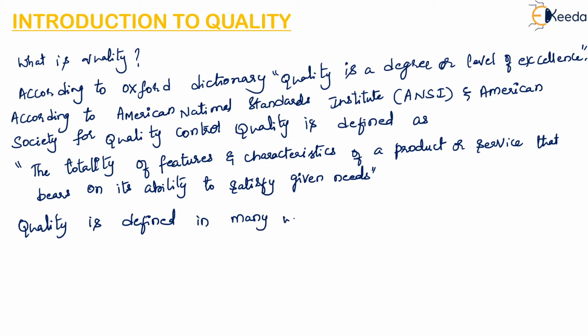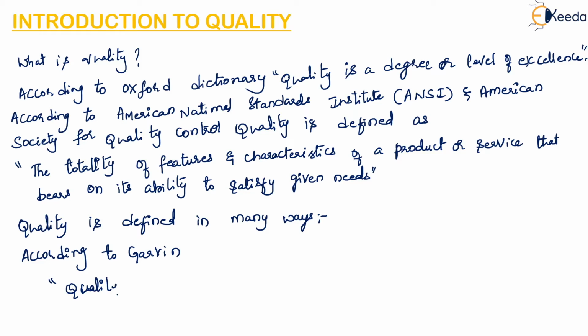So according to Garvin, who is a TQM specialist or quality management specialist, he says that quality is an unusual slippery concept. It is easy to visualize but very difficult to define. So he says quality is very easy to visualize but we cannot define it.